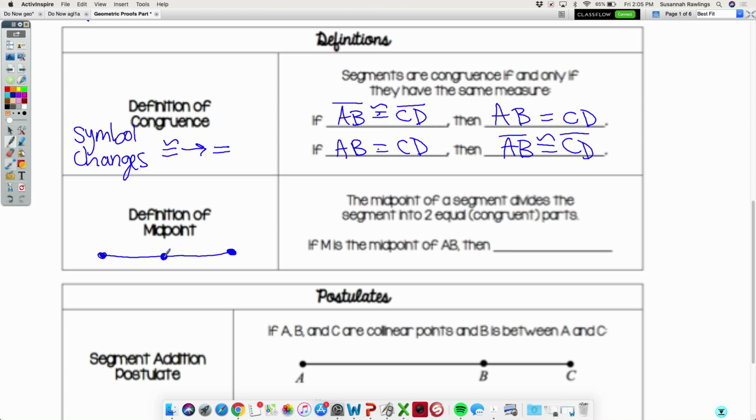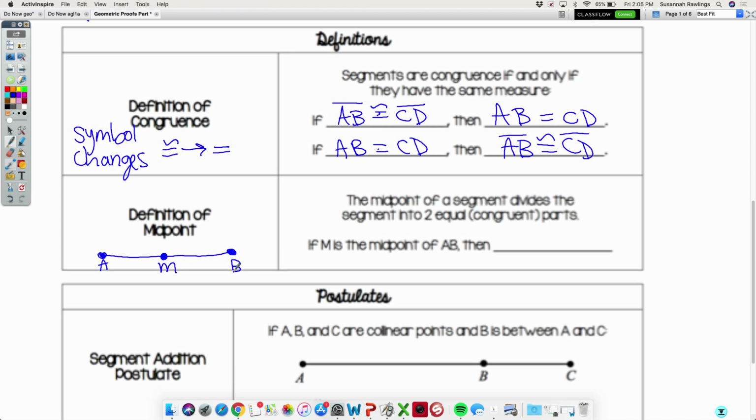Good. Draw in your picture. M is the midpoint of AB. Good job, Selena. Yes, M is the middle of AB. Most of us got that.